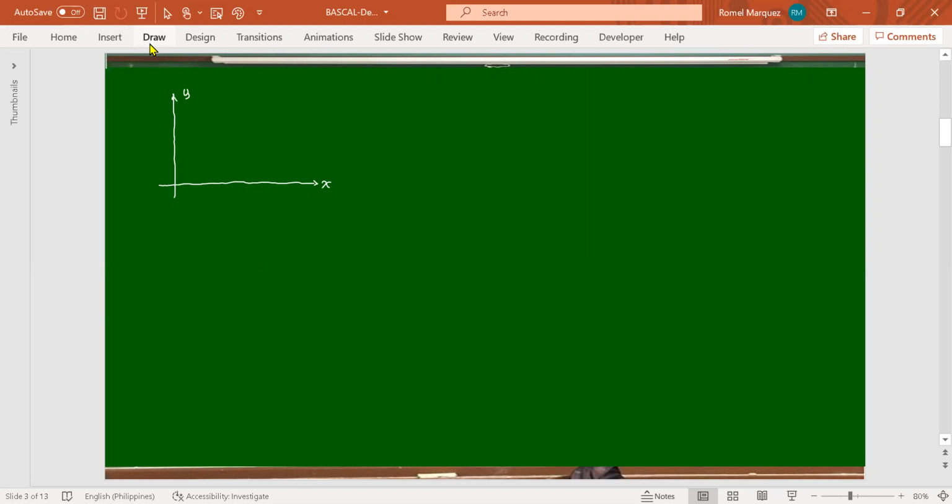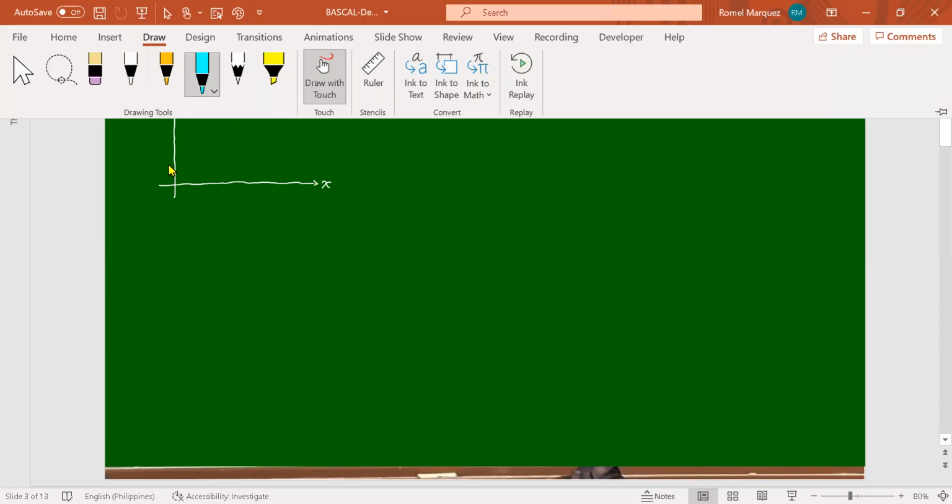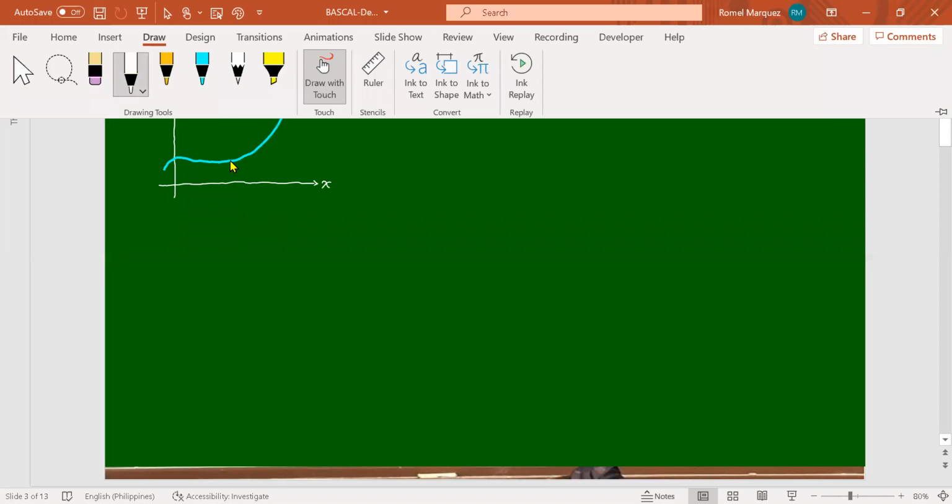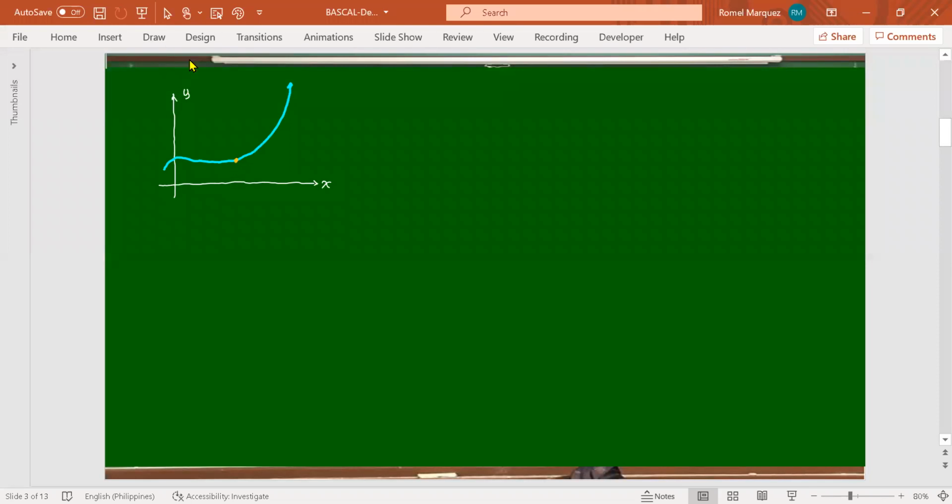Let's consider a graph, and let's say I have a point here in this graph, and another point.